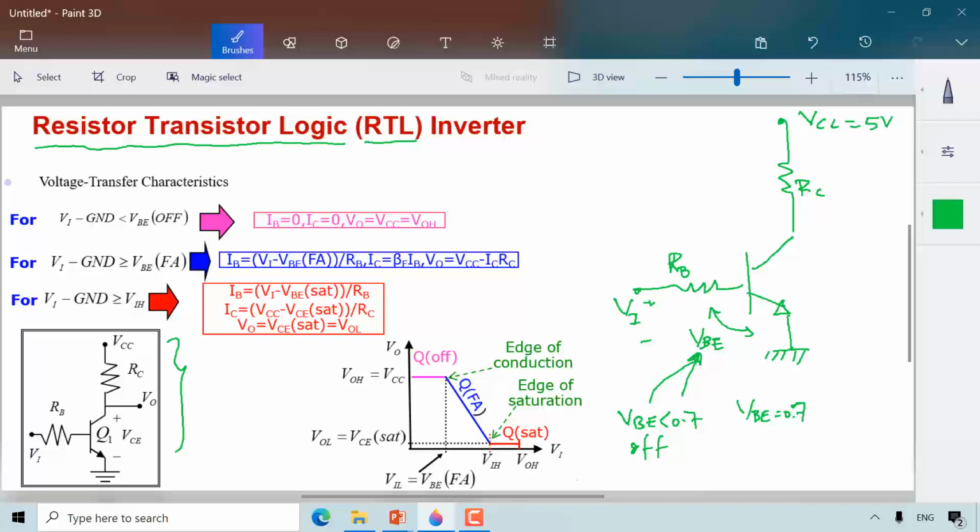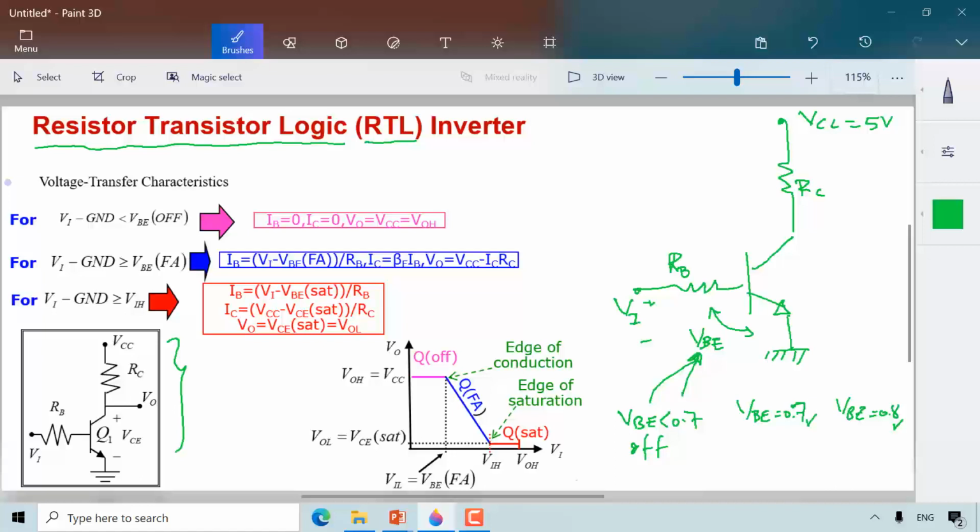If VBE equals 0.8 volt, then we are in the saturation region. So with that said, let's take a look at our device.